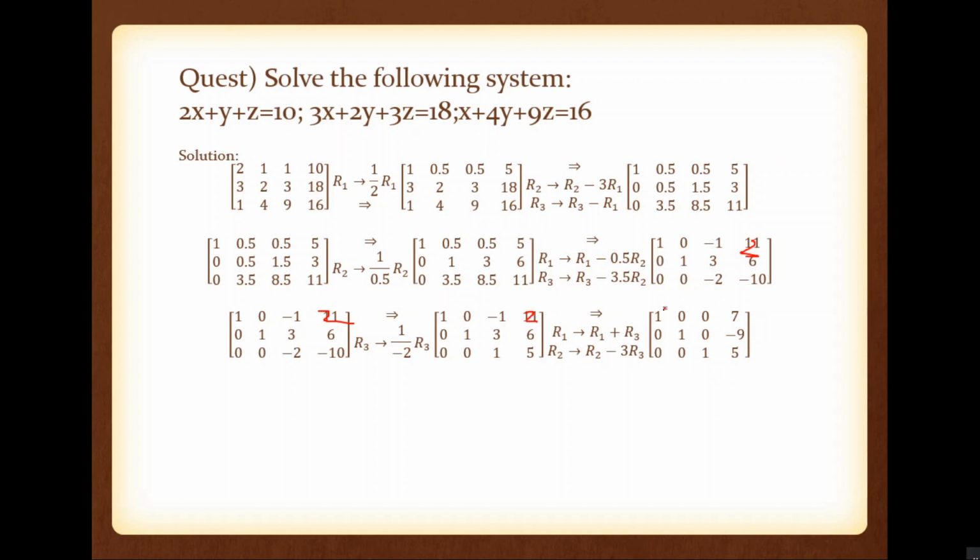Now you can see that this part is an identity matrix. So this part is the solution. Because x1 equal to 7, x2 equal to minus 9, x3 equal to 5. So the solution x1, x2, x3 equal to 7, minus 9, 5.